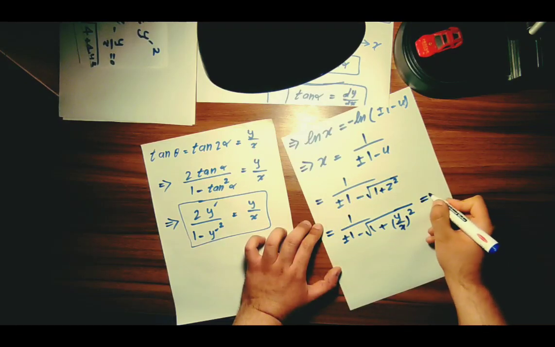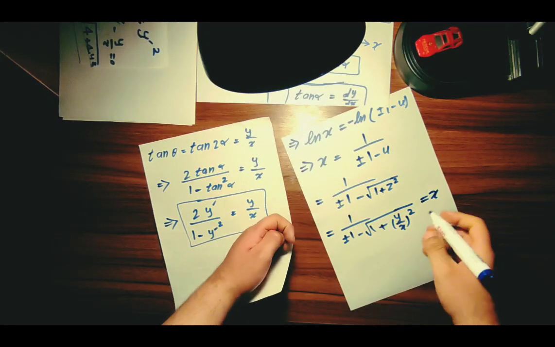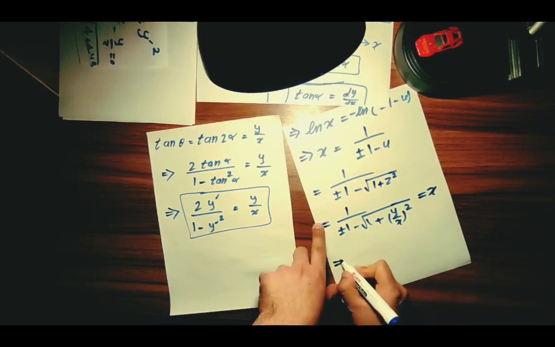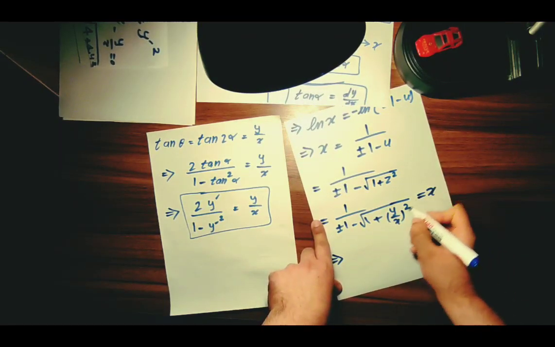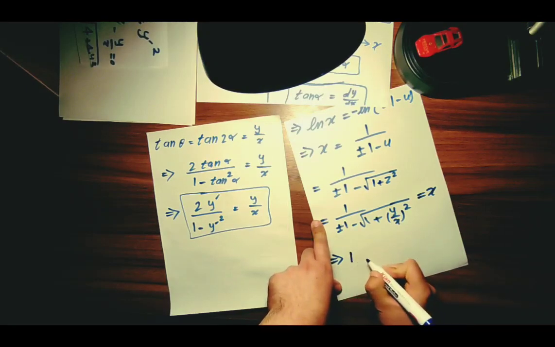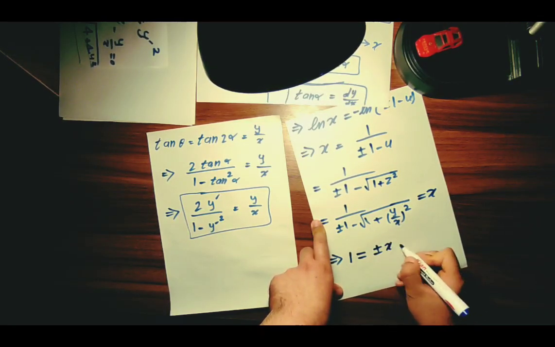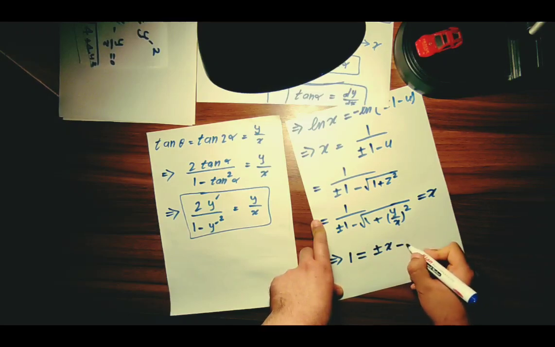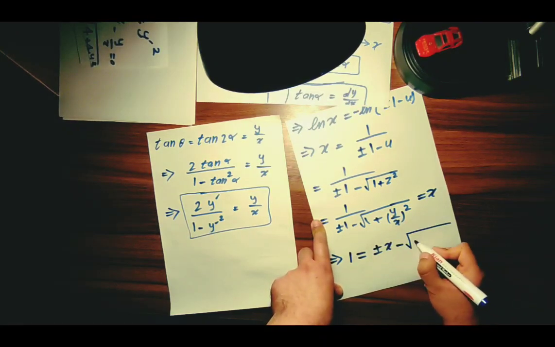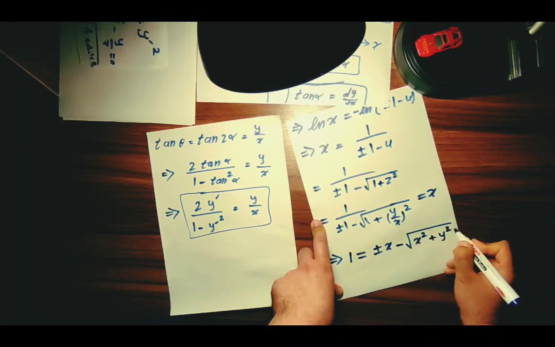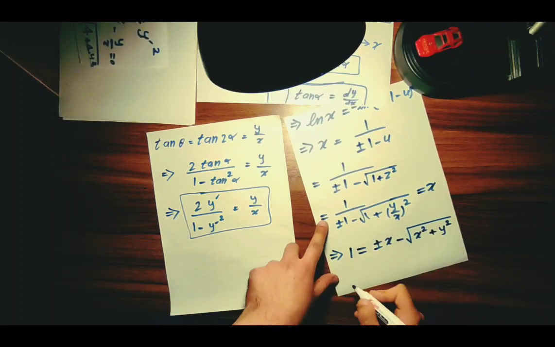This is x. And if you actually do some mathematics, you can multiply these two. So 1 is equal to plus minus x minus radical x squared plus y squared. And what is this?